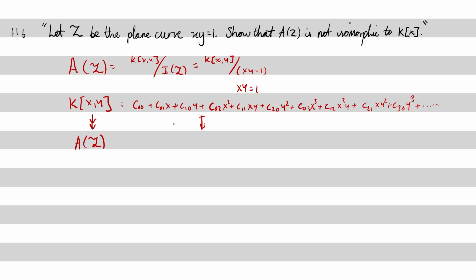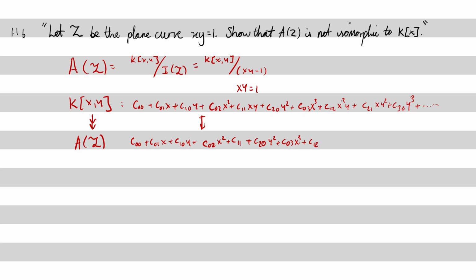Maps to c naught naught plus c naught 1x plus c 1 naught y plus c naught 2x squared plus c 1 1 plus c 2 naught y squared plus c naught 3x cubed plus c 1 2.